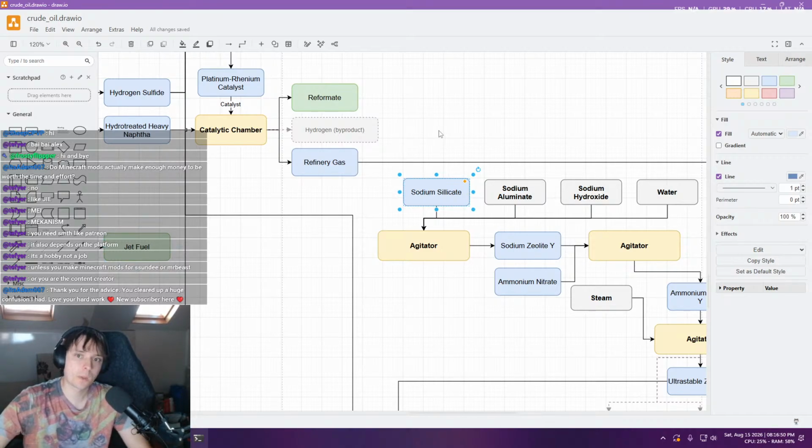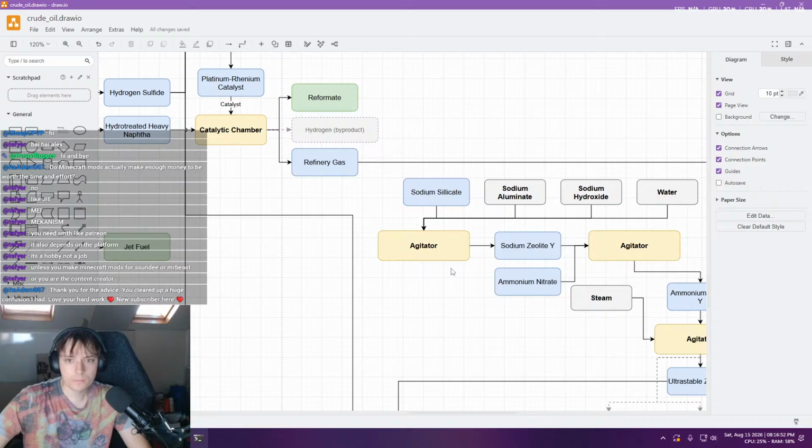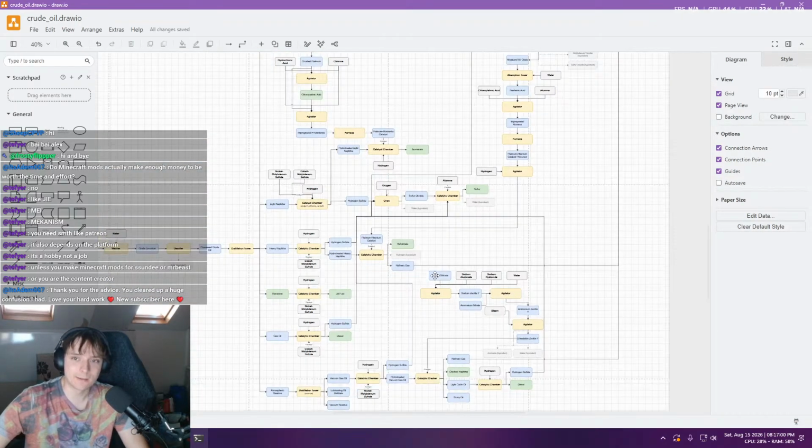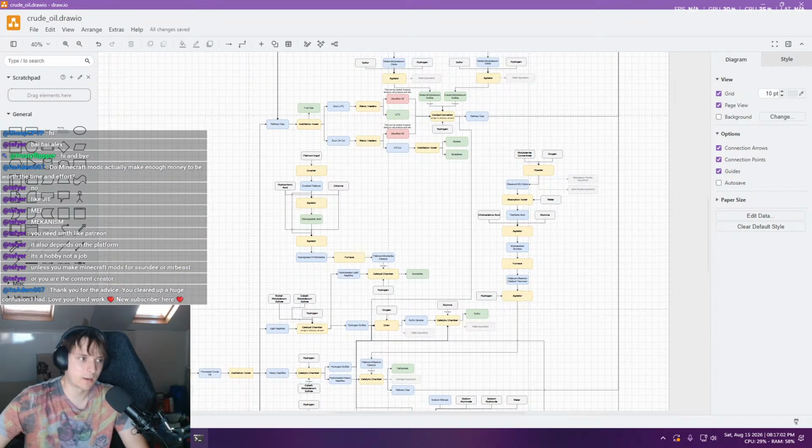So first of all, we have to decide: is silica just quartz? That's basically the decision we have to make.